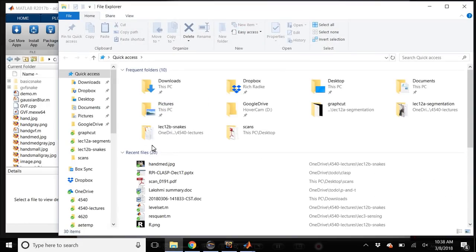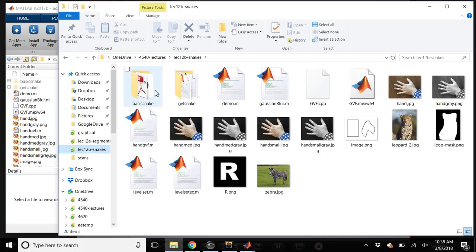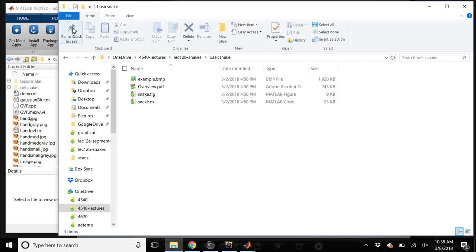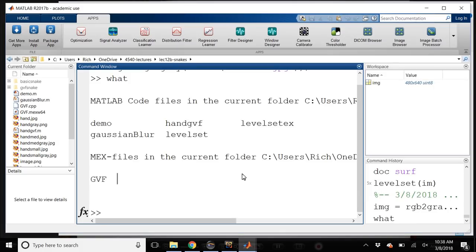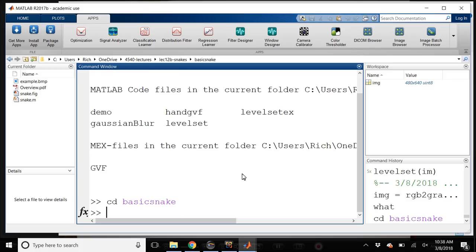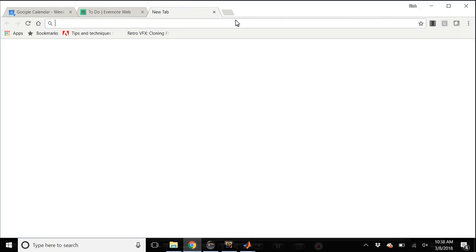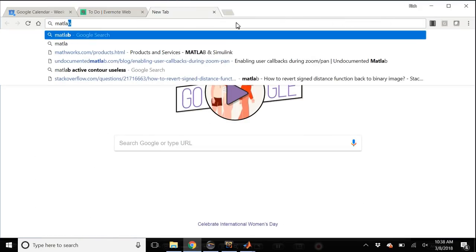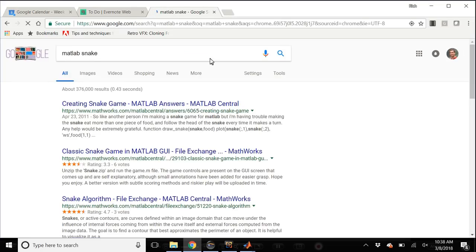Okay, so I guess I have a function called basic snake. So let's try this. This is something that I found on the MATLAB File Exchange, so let's give credit where credit is due. If I search for MATLAB snake, no, not the snake game, right?